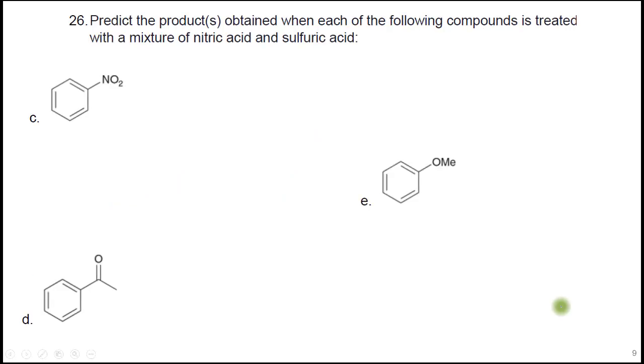Okay, here we're looking at what's going to happen with nitric acid. A nitro group is electron withdrawing, and it is a meta director, so we should see one product, which would be meta-dinitrobenzene. This carbonyl is a carbon double bonded to an oxygen, so this is electron withdrawing, which is also a meta director.